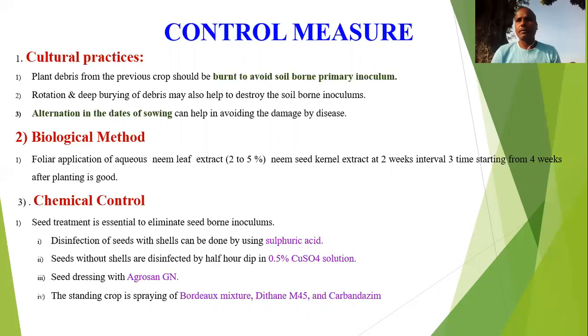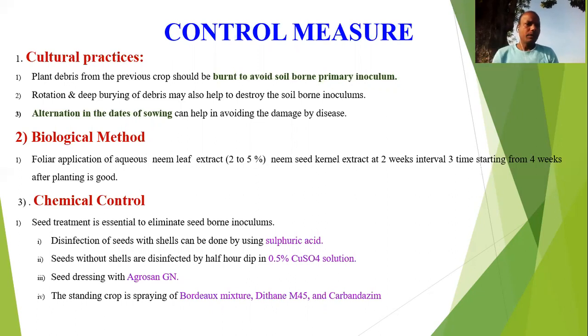For example, in one year we can grow a soybean crop in the field. Then in the next year we cannot grow the same type of crop. We can grow an alternate crop, such as jowar, moong, that is phaseolus, and udid. So that is regarding crop rotation.